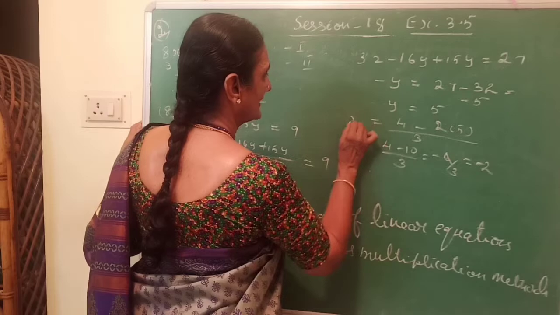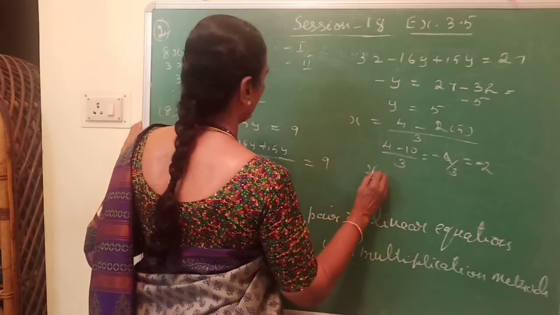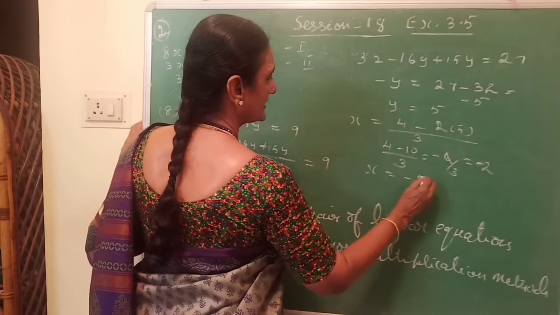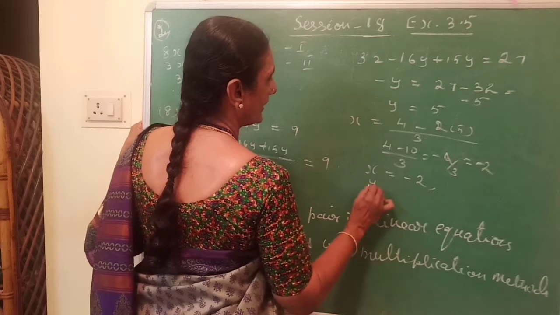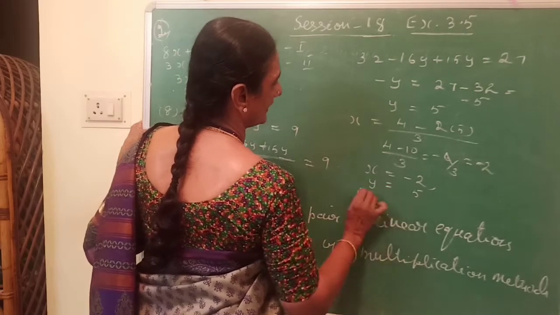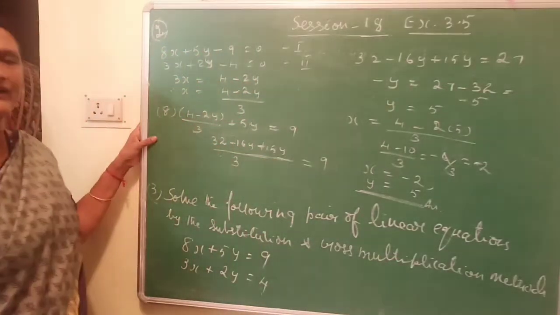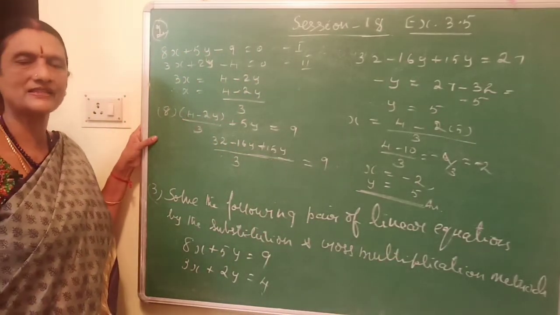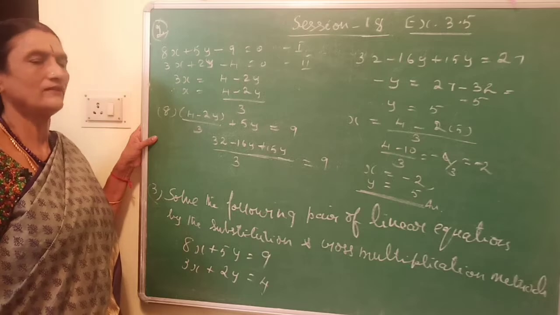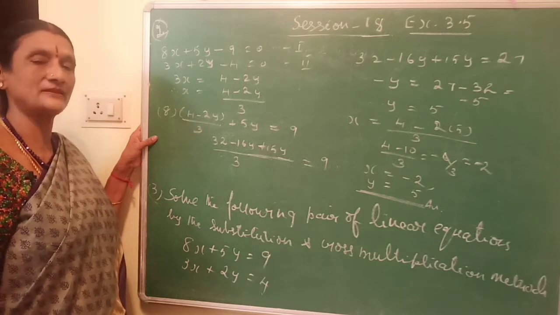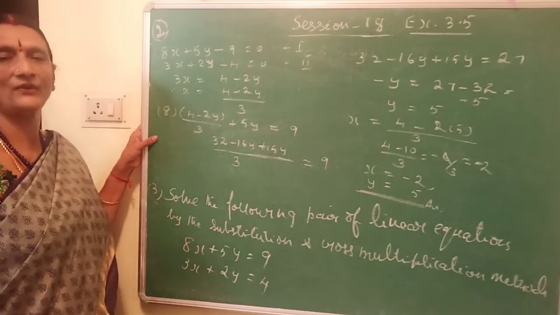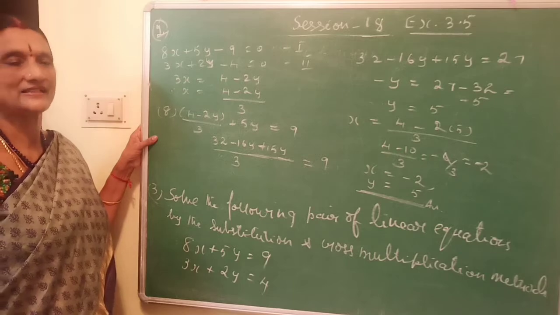Therefore, your x is equal to minus 2 and y is equal to 5 are the solutions. By which method have we got this? We have got it by the substitution method. We will try the cross multiplication method and find out whether we are getting the same solution.